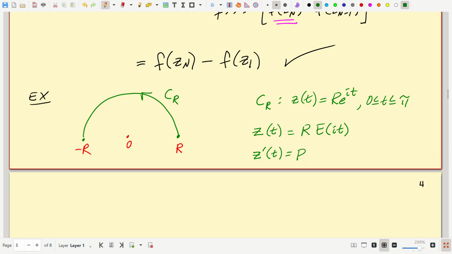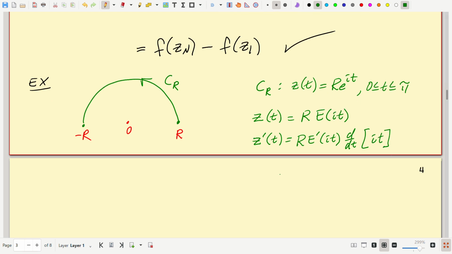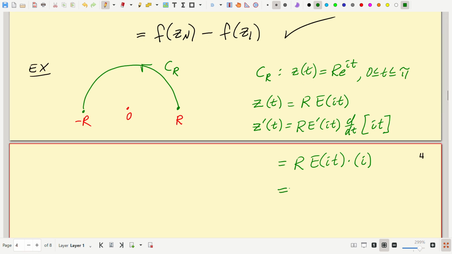It's r, e to the it times the derivative of i times t, which is just i. And so the z prime of t is i r e to the it.